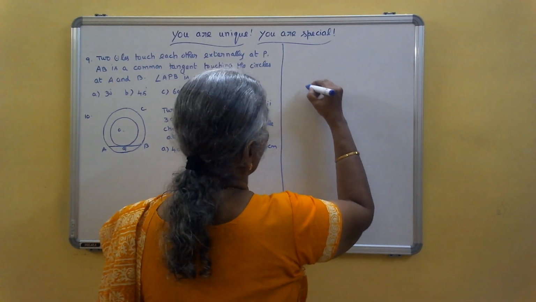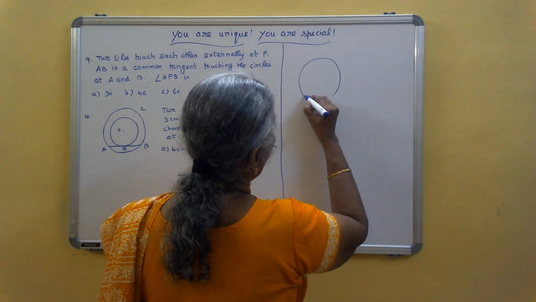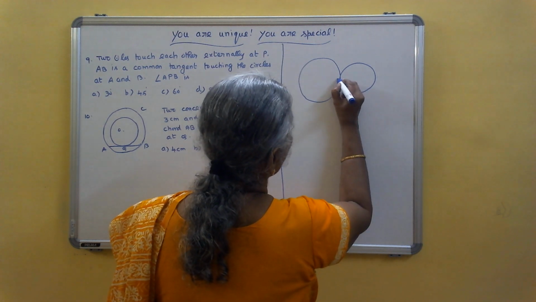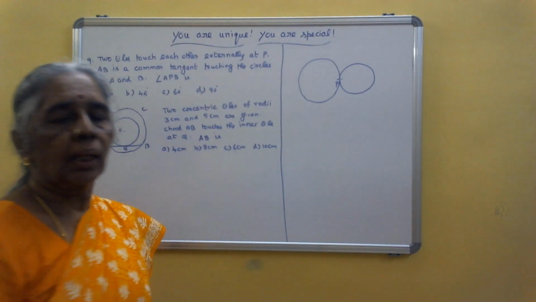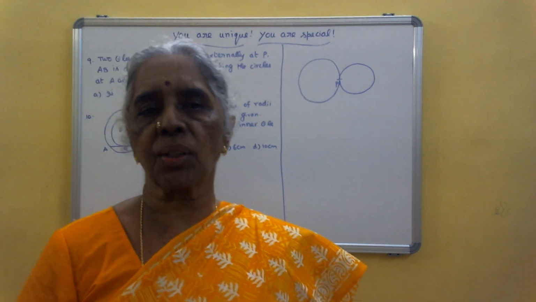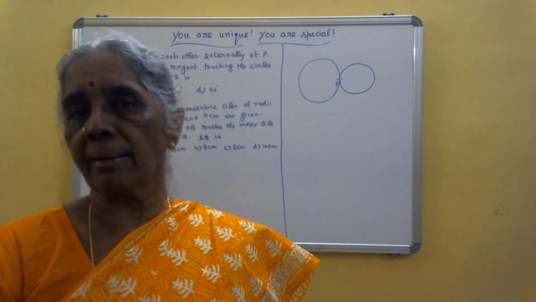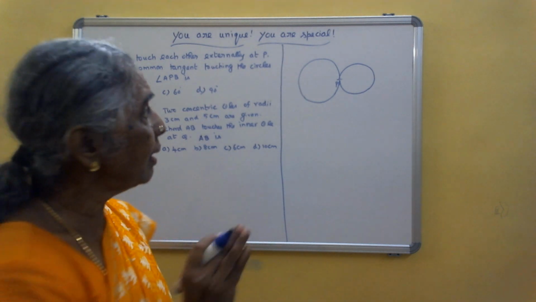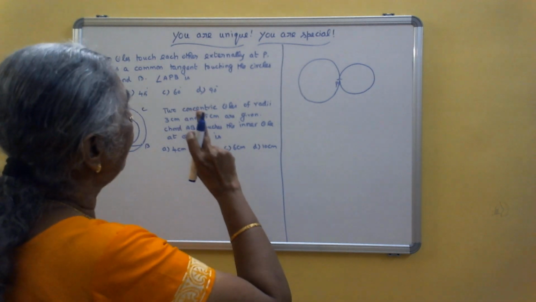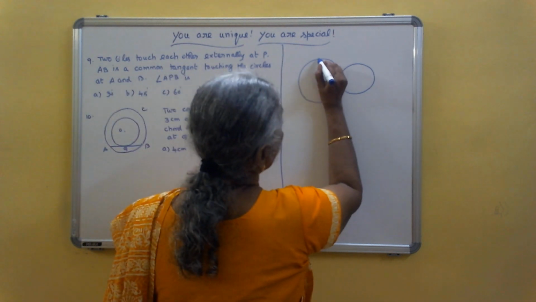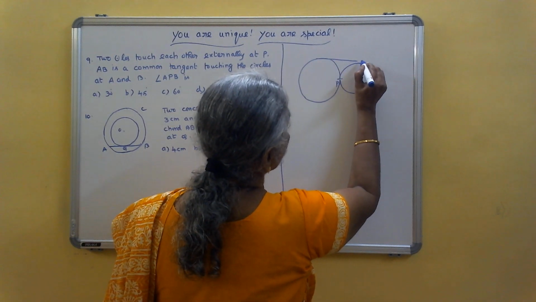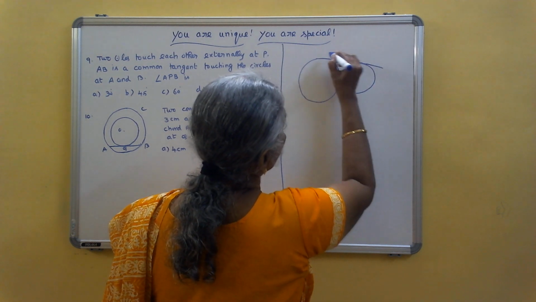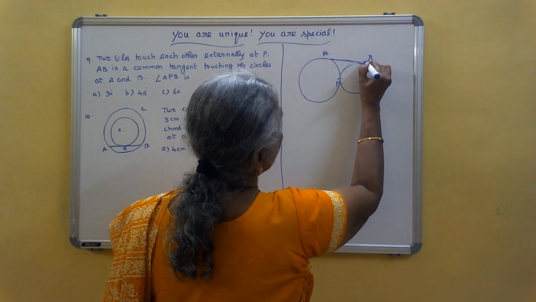So two circles are there and they touch externally at the point P. When two circles touch externally, you know there are three tangents that can be drawn. Here it is given, AB is a common tangent touching the circles at A and B. So this is A and this is B.